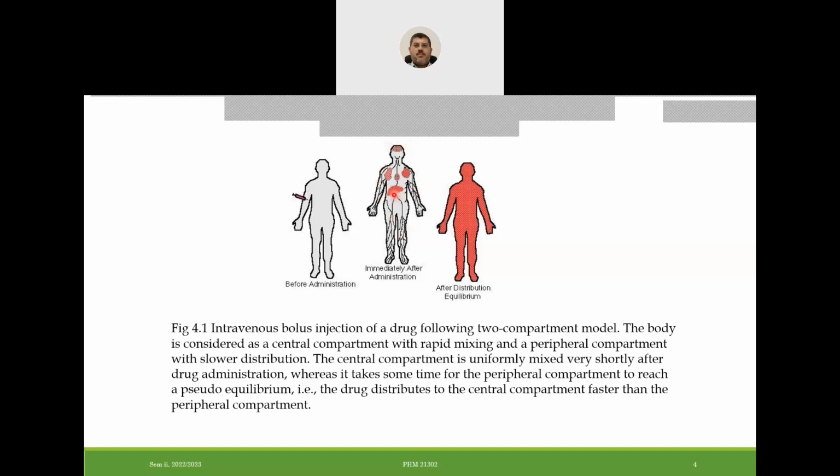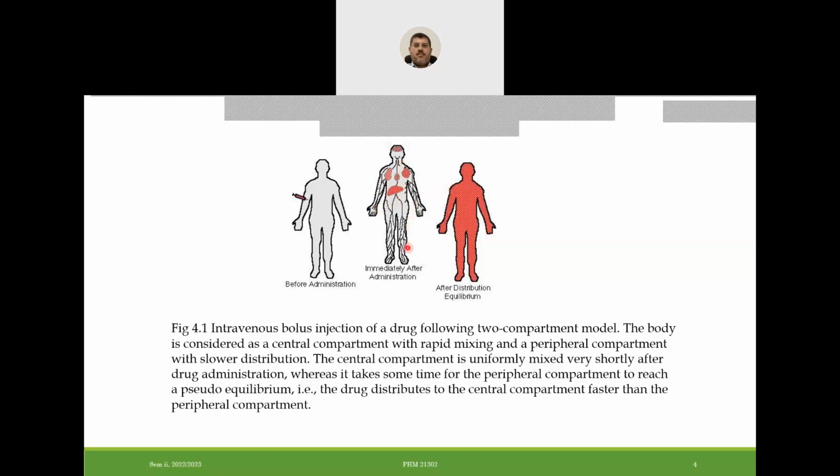We call this the central compartment. So the central compartment is not only the blood vessels, but it also includes the highly perfused organs, like liver, lungs, heart, and kidneys as well.